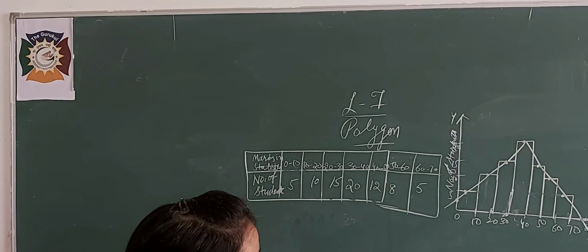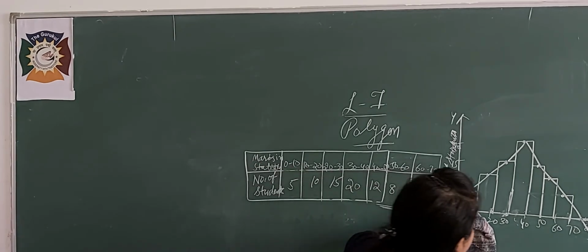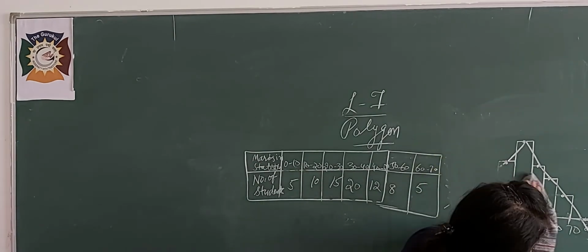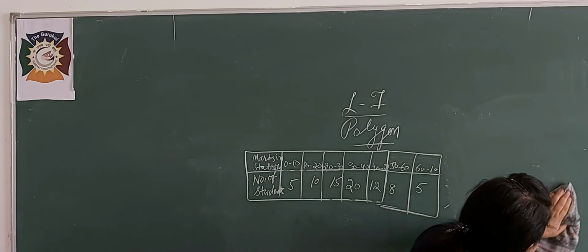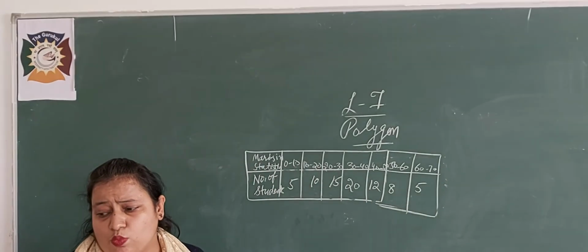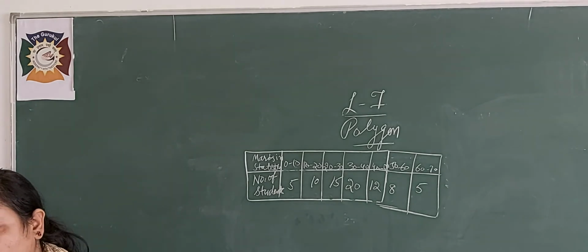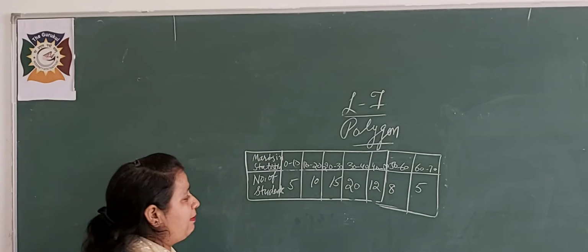Let us start. The next topic is the same polygon but without histogram. So, how will it start? One different step is there. I will tell you that step, then you will make it accordingly.